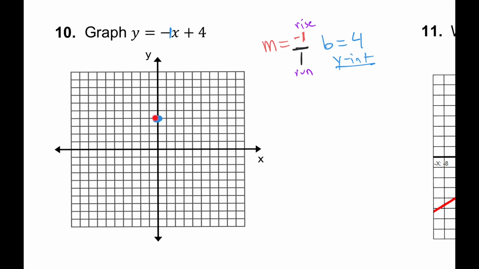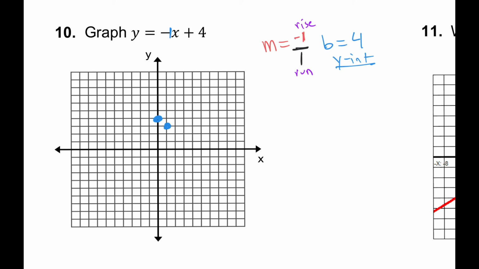Do not go back to the origin. From this point, the y-intercept, I'm going to go down 1, 1 to the right. 1 down, 1 to the right, and you will make a second point right there. Now remember that down 1, 1 to the right is your slope. The slope is negative 1, so that means down, and 1 to the right.